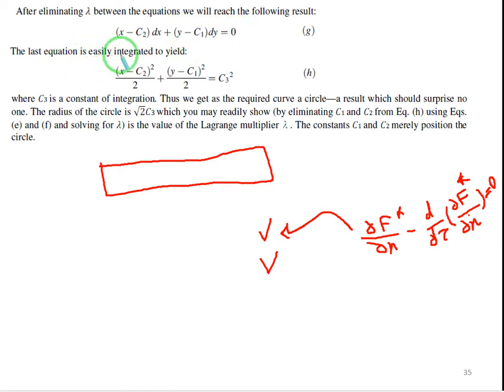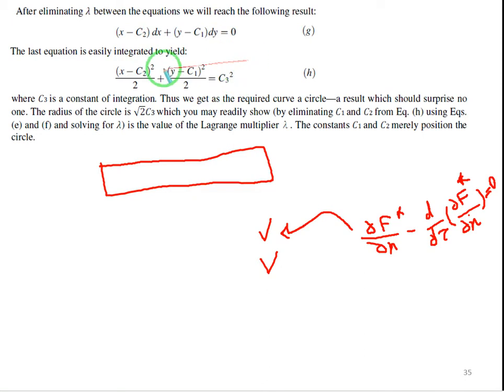Okay, and we can easily integrate this equation. This equation is very easy to integrate. Integration of this equation gives (x minus c2) squared over 2 plus (y minus c1) squared over 2 equal to, let's say, a parameter c3 over 2.